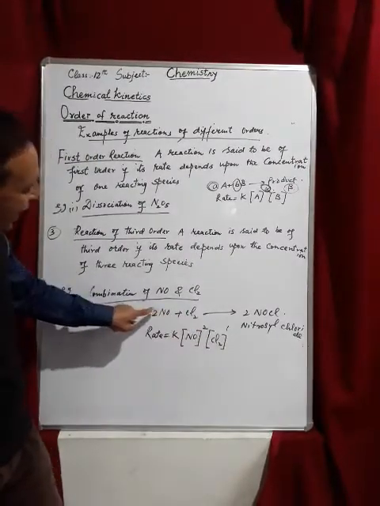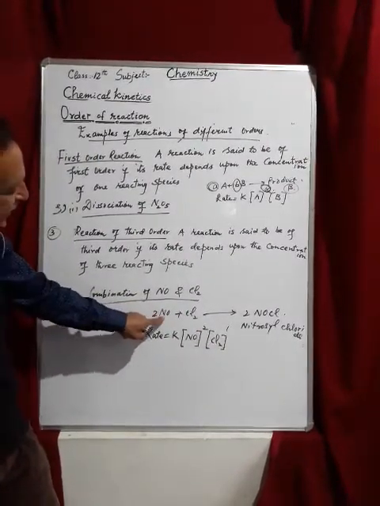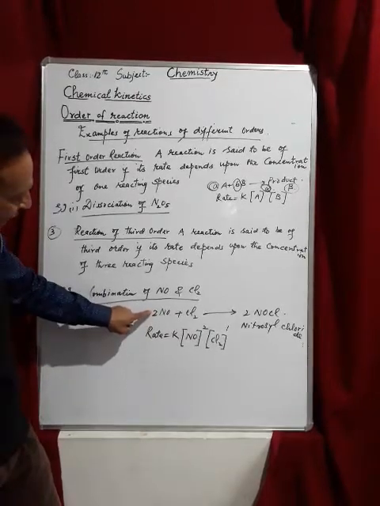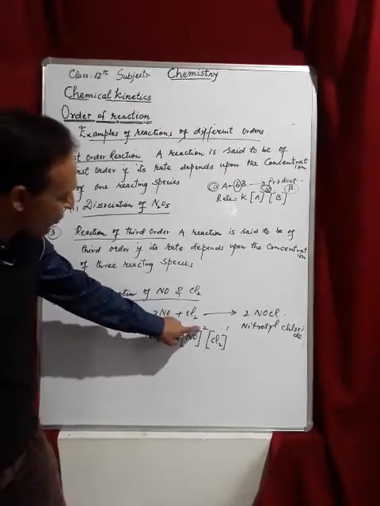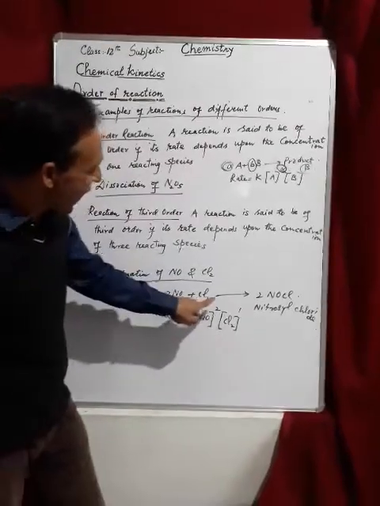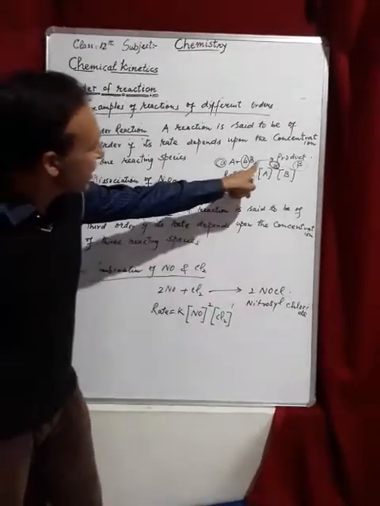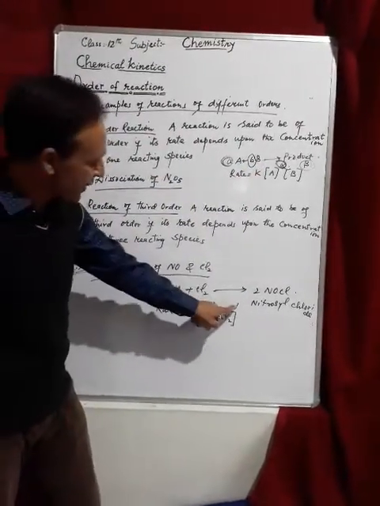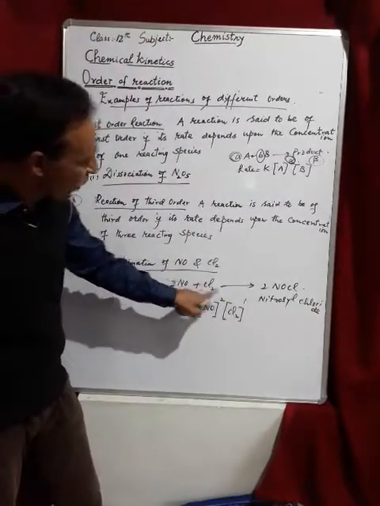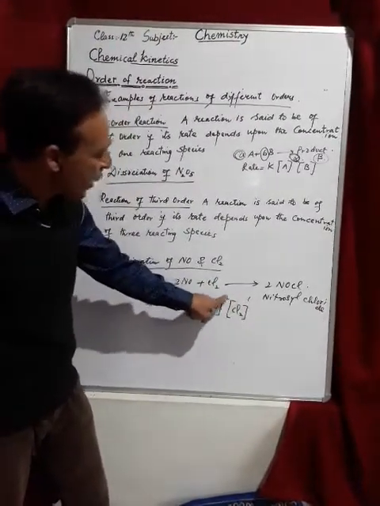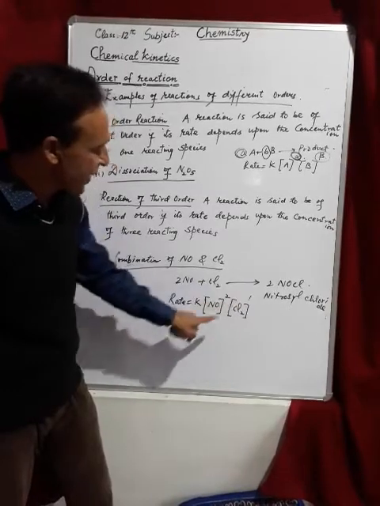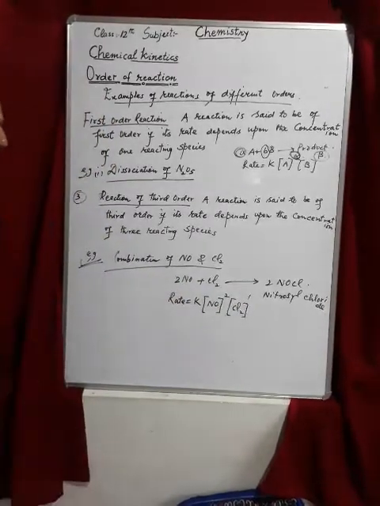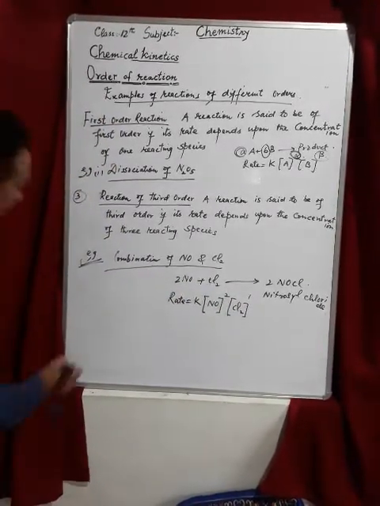It is the same as the coefficient of the reactant NO, that is 2. A and alpha are the same, that is 2, 2. Beta and small b as per the general reaction are the same, that is b is 1, beta is 1. So alpha plus beta is 2 plus 1, that is 3. So this is an example of a third order reaction.